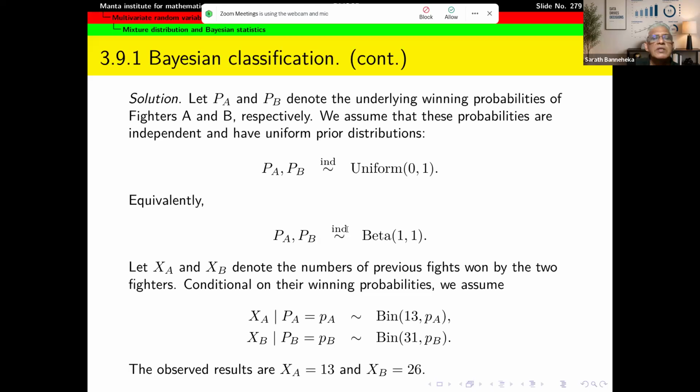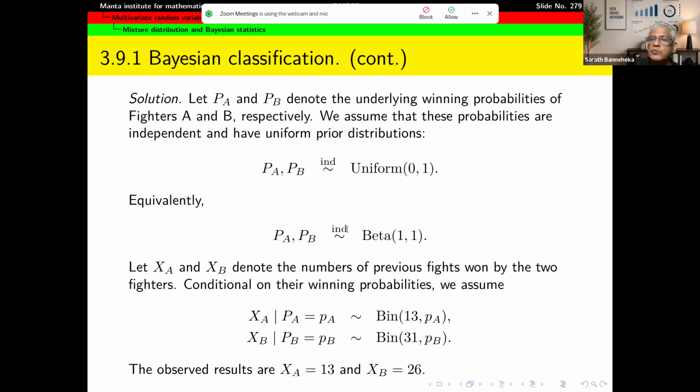So following the same idea, here we are going to use prior models for PA and PB. We are going to assume both are IID uniform in the 0, 1 interval. That means PA is uniformly distributed in the interval 0, 1, PB is also uniformly distributed in the interval 0, 1, and they are independent.